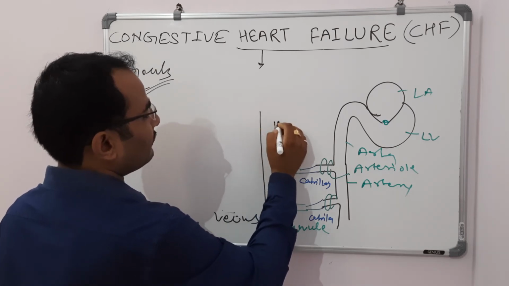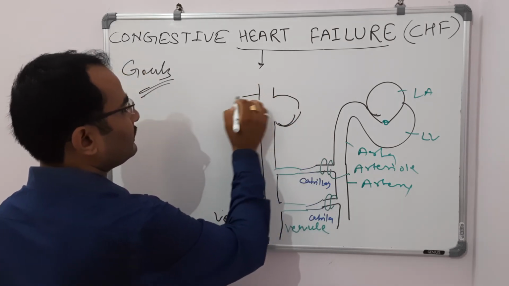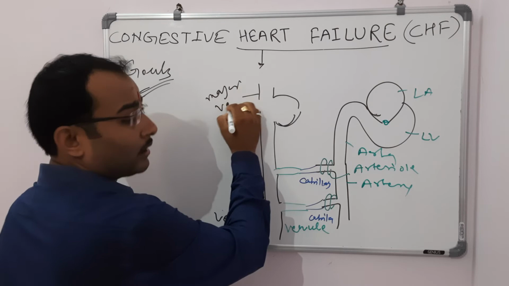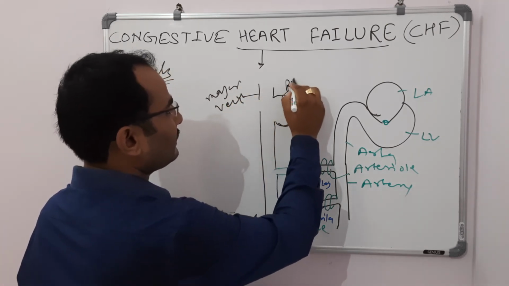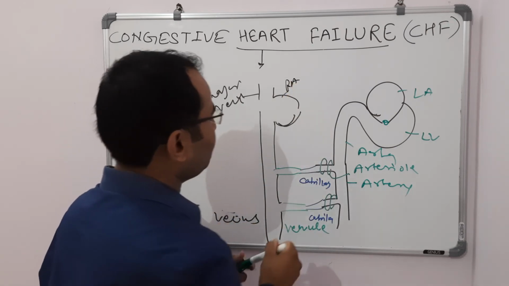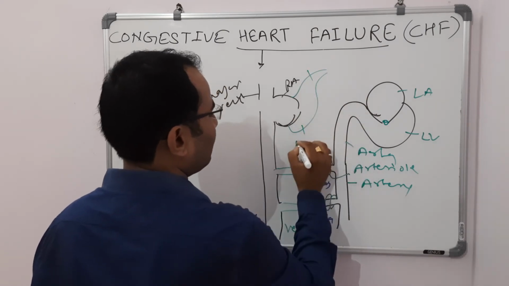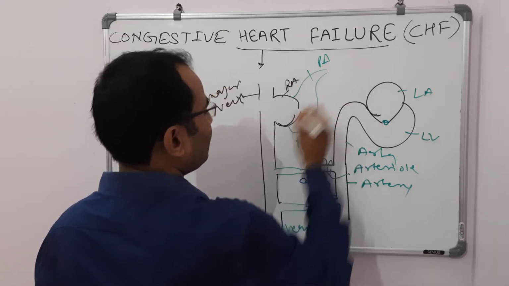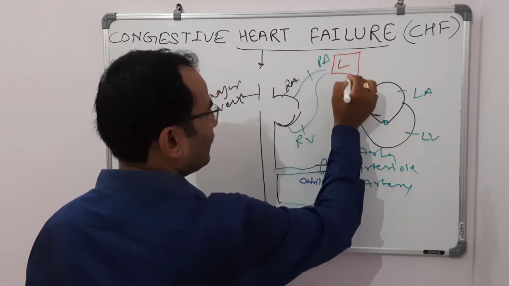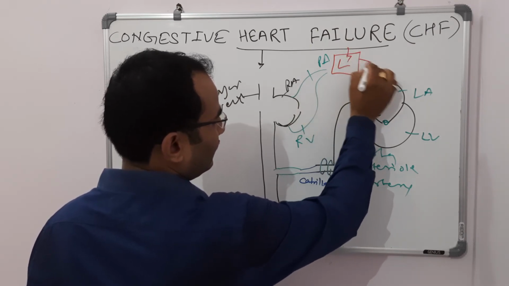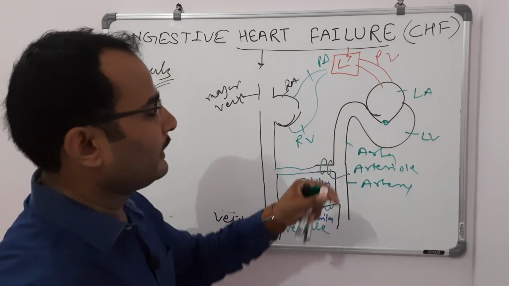these veins form major veins, these are major veins, can be superior vena cava and inferior vena cava. This is right atrium and this is right ventricle, this is pulmonary artery, and here is lungs purification, and there will be pulmonary vein, and again blood back to the left atrium.